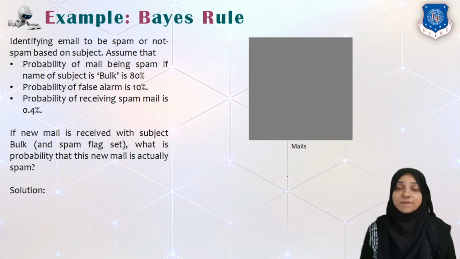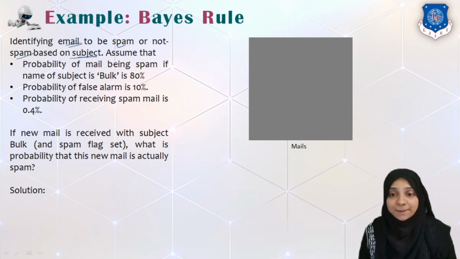If this formula is too difficult for you, let us understand it with the help of one simple example. So here we have different emails, and there is a system which identifies whether an email is spam or not spam based on its subject. We are assuming that if the subject line contains bulk, the probability of the mail being spam is 80%.